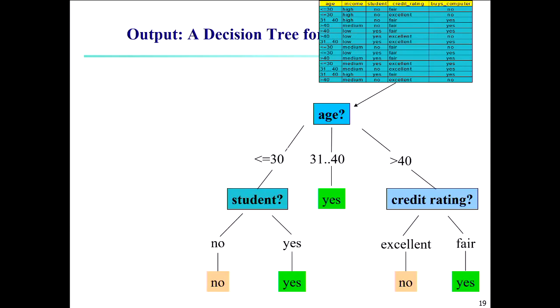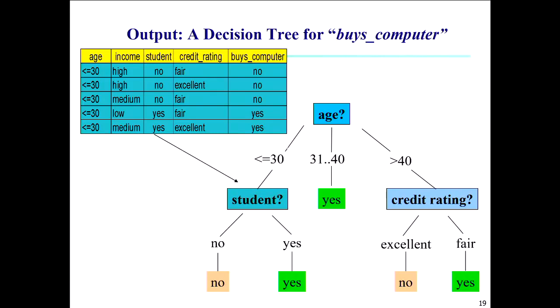We will first introduce the ID3 algorithm and use it as an example to help you understand the whole picture. Then we will talk a little bit about another algorithm to show you the difference. For such a decision tree, at the root we look at the age. According to different values of the age, we decide which subtree we are going to.